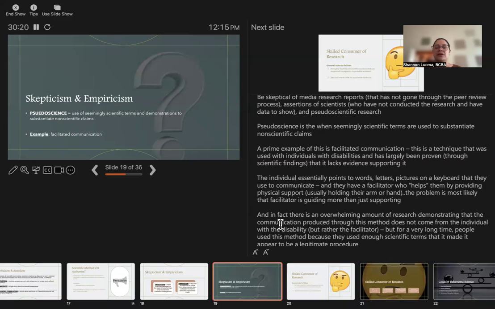But facilitated communication is a technique that was used with individuals who had some sort of disability. And it's pretty much at this point been proven through scientific findings that it lacks any evidence or support behind it. Essentially, the individual is unable to communicate as you or I would, talking with language.